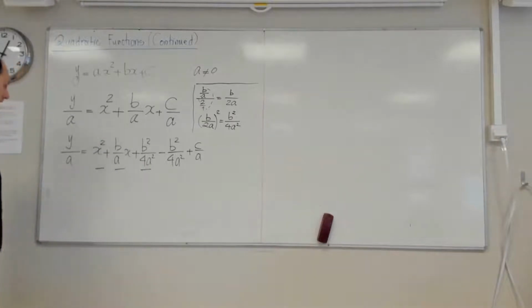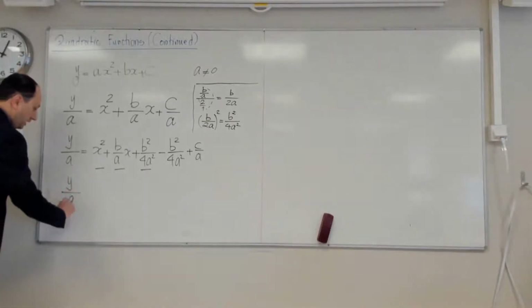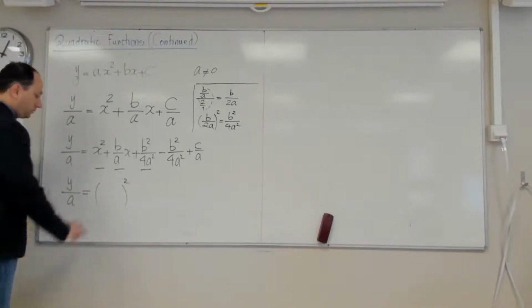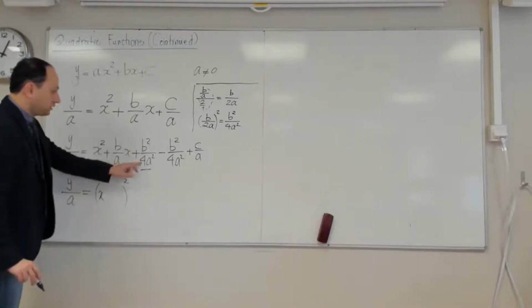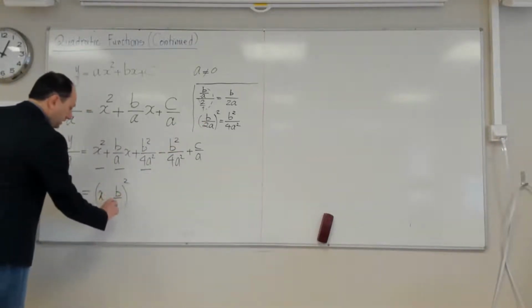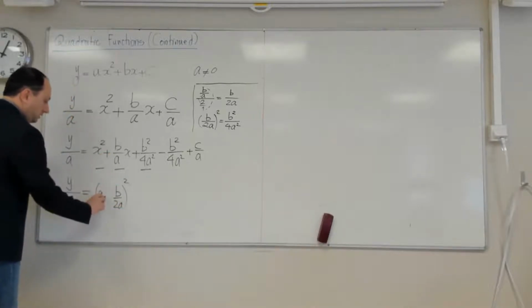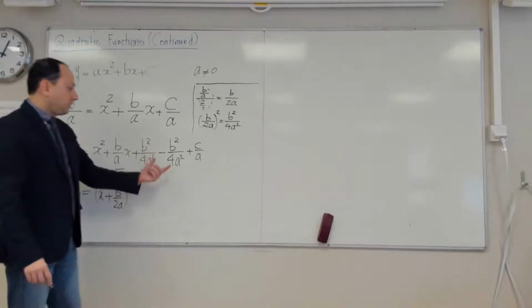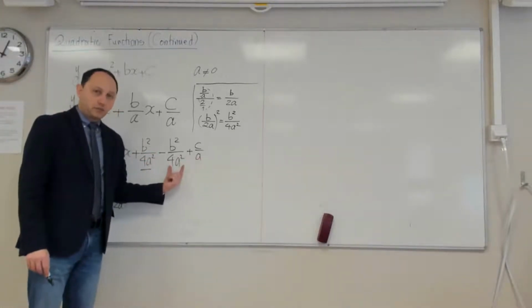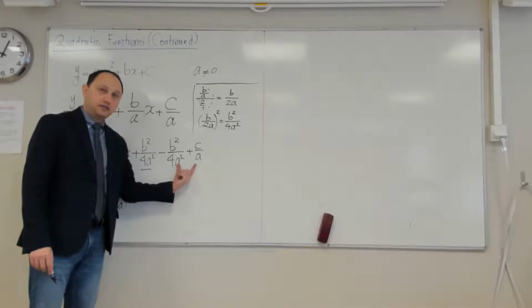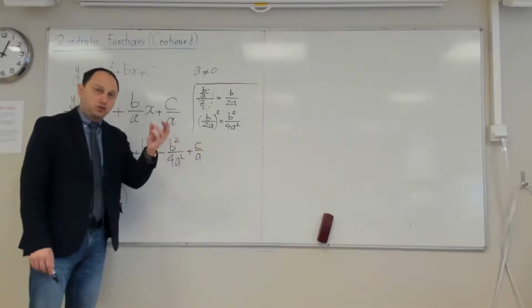So these 3 is a complete square. So I would write y over a is equal to, I put a power of 2 here, take the square root of this is x, take the square root of this one, it is b over 2a. And then this is the positive version, plus version, I put a plus. Then in the previous problem, do you remember, because they were numbers, what I did, I actually went to scratch paper and calculated this number, wrote it as a more compact number.